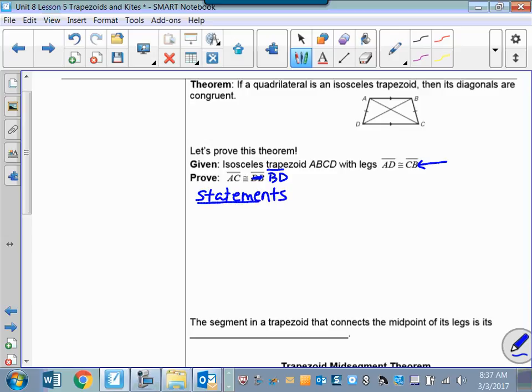Let's put down our statements and our reasons. And of course, we'll start with the given, just like always. Isosceles trapezoid ABCD with AD congruent to CB. That's given.